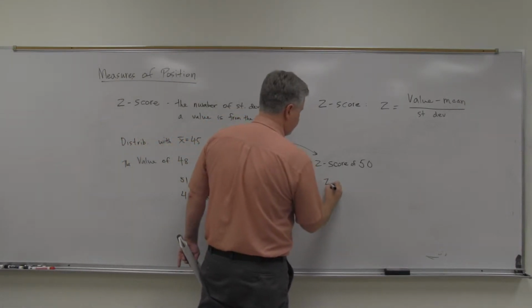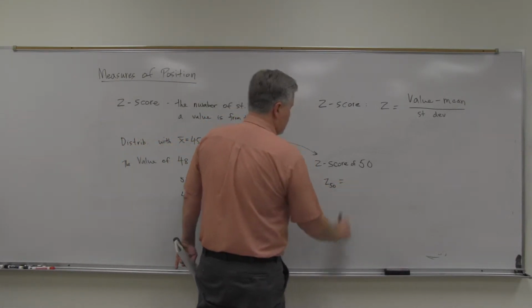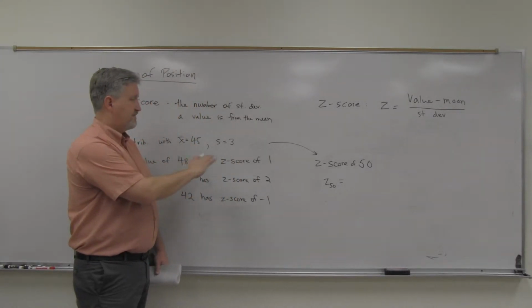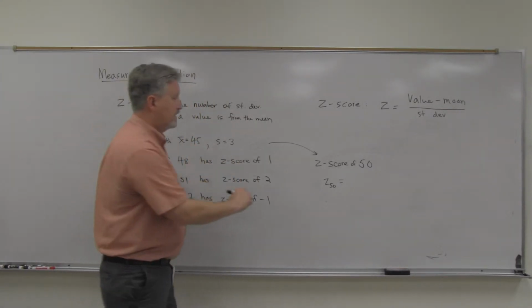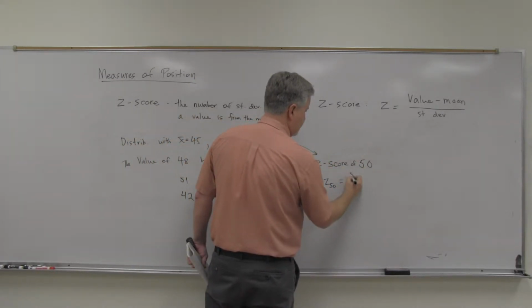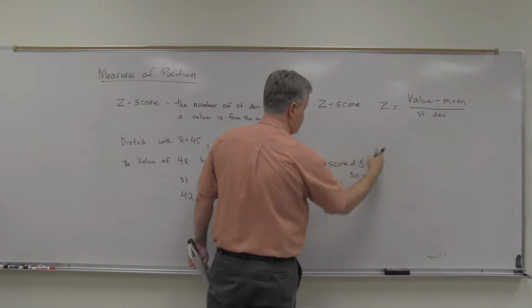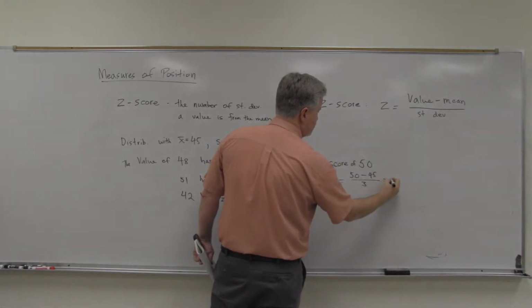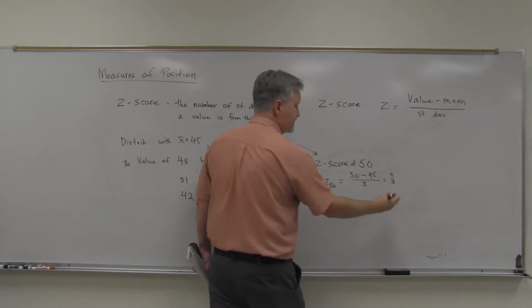Well, the z-score of 50, let's write it this way. That's not a nice number of standard deviations because it's 5 units, but just use this. So you take the value, 50, minus the mean, which is 45, and then divide by 3. So it's 5 divided by 3, and usually it's a decimal.